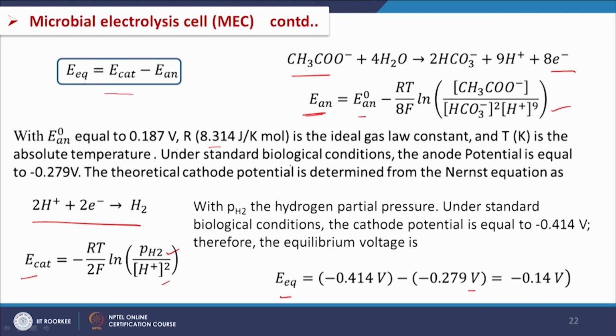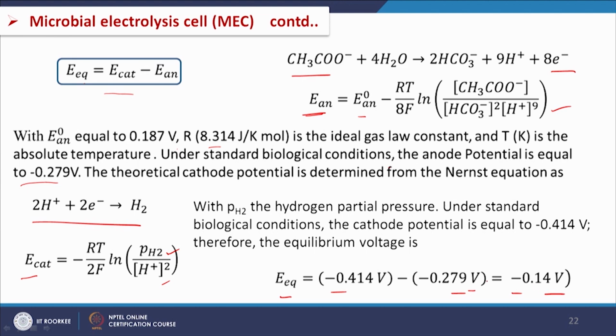Under standard biological conditions the anode potential is equal to 0.279 volt. So, by this minus this it is coming minus 0.14 volt. That means this voltage is essential at the cathode, so you have to add an external voltage source of minimum 0.14 volt.